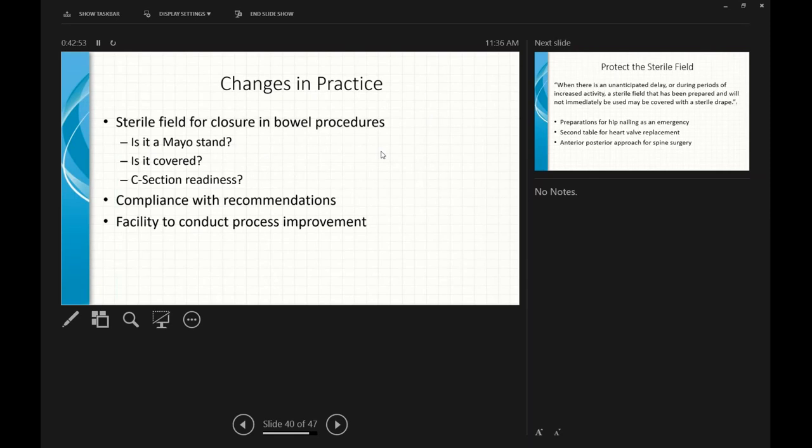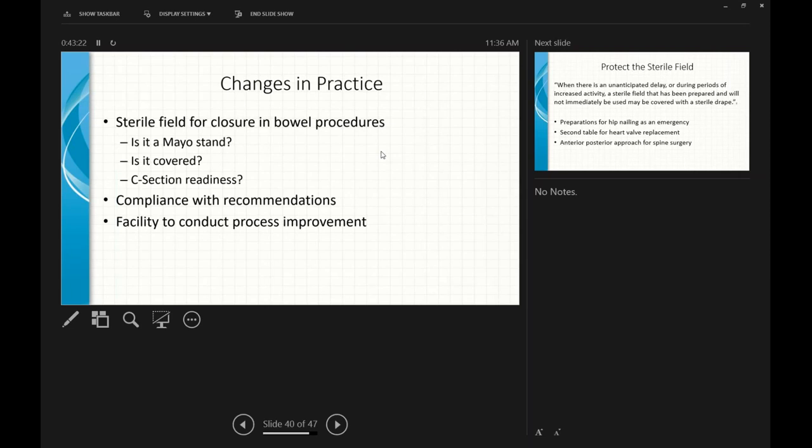So there are changes in practice. I remember when we always used to have a closure table for a bowel procedure, and we would move it aside, and we would have this clean, sterile table for closing a bowel case or closing a hysterectomy case. And we got away from that, saying, oh no, we don't need to do this anymore.